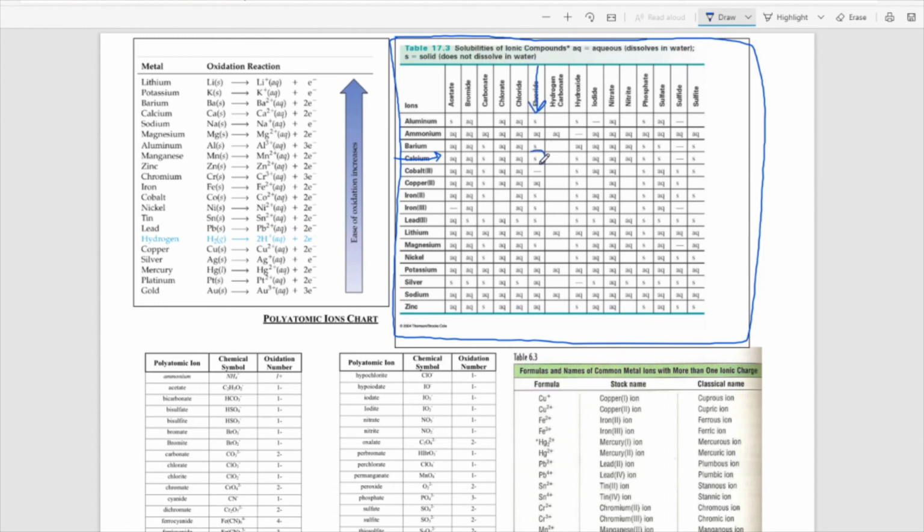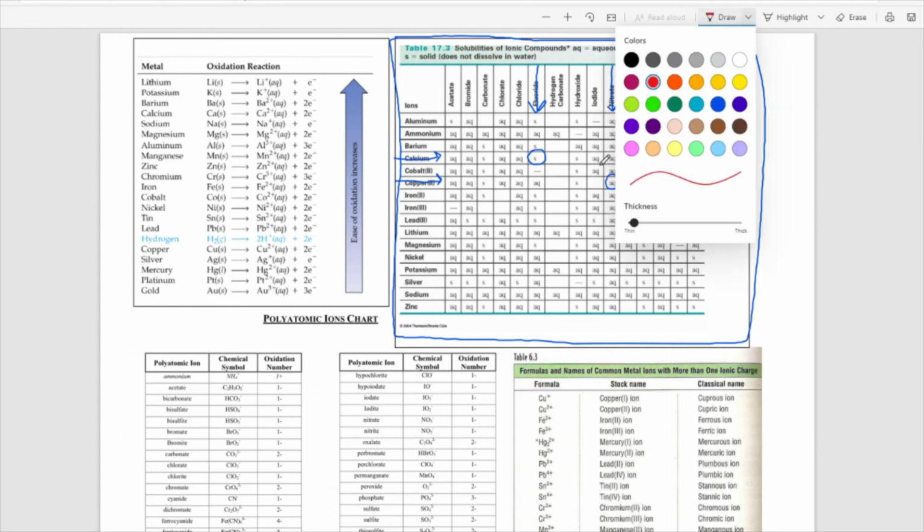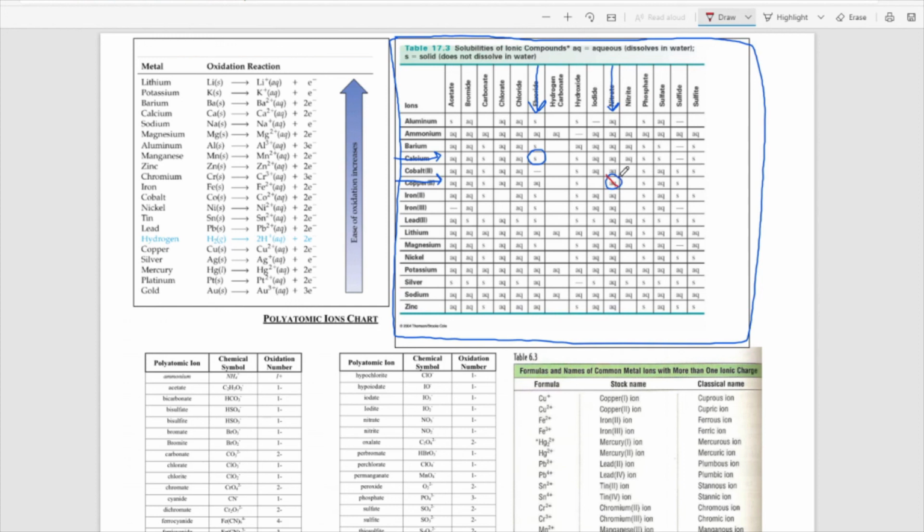In order for our double replacement reactions to happen, one of the products we form has to be a solid. If both of them are not solid, so they're both aqueous, as many of these say, AQ, which stands for aqueous, meaning it would dissolve in water, then no reaction will happen, in which case you probably wasted a bunch of time writing out a chemical equation for a reaction that doesn't happen anyway.